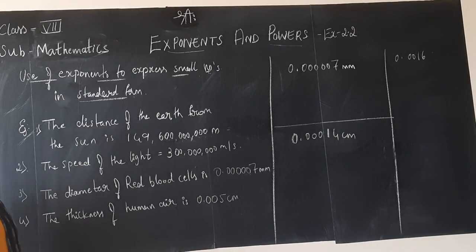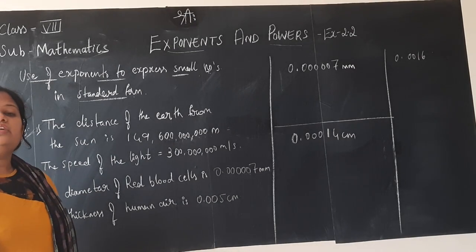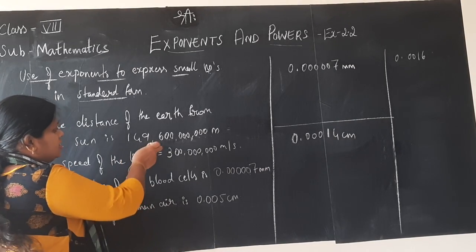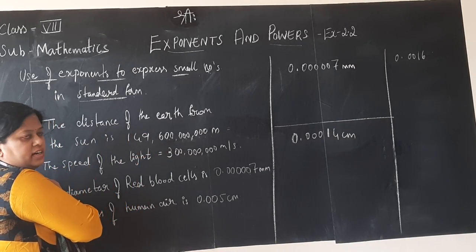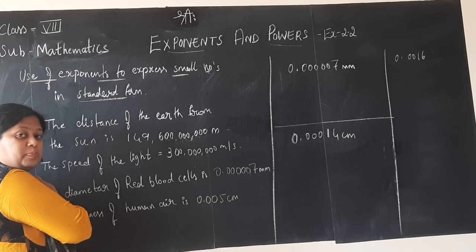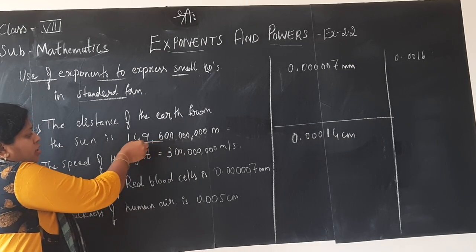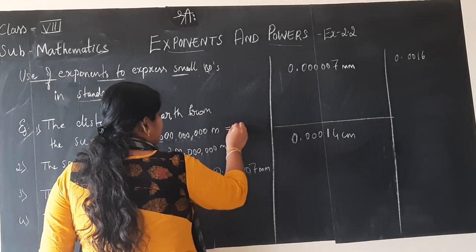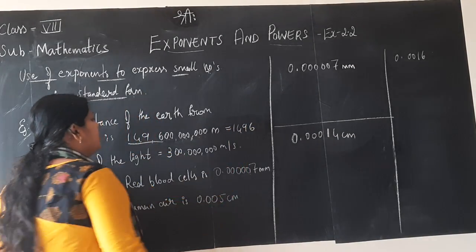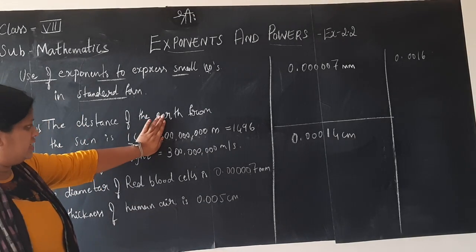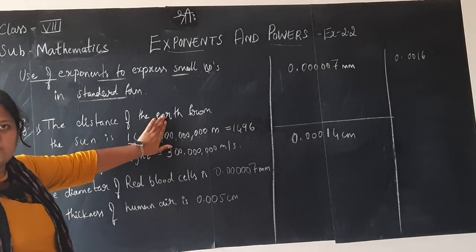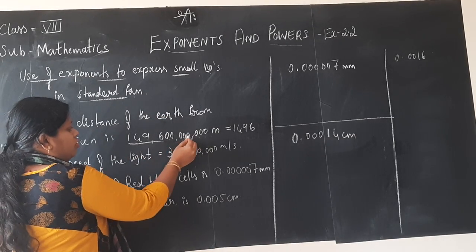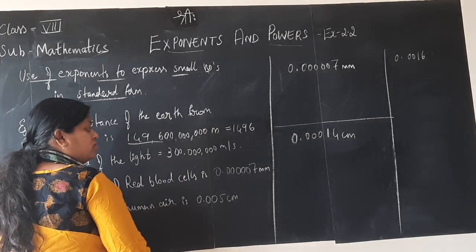We have learnt in the previous session to express it as 10 to the power a known number. Now how do you express such bigger numbers in terms of exponents? The digits or numbers whatever are there, we write them as it is, like 1496. I will write 1496 as it is, followed by the zeros. Count how many zeros are there. So 1, 2, 3, 4, 5, 6, 7, 8 zeros are there.